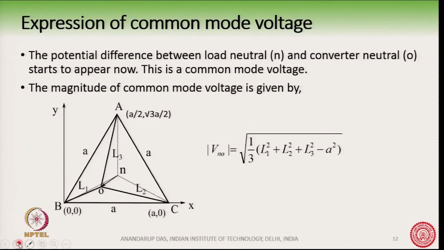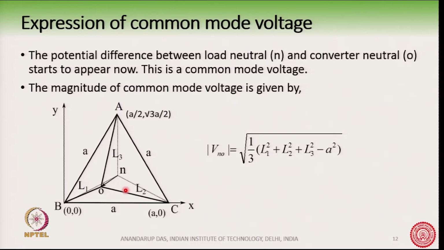As I told you, once the pole voltages have become unbalanced, a potential difference between the load neutral and converter neutral starts to appear, that is this VNO voltage. It is a common mode voltage, because you can see that VAO is equal to VAN plus VNO, and it is the same for all the 3 phases.